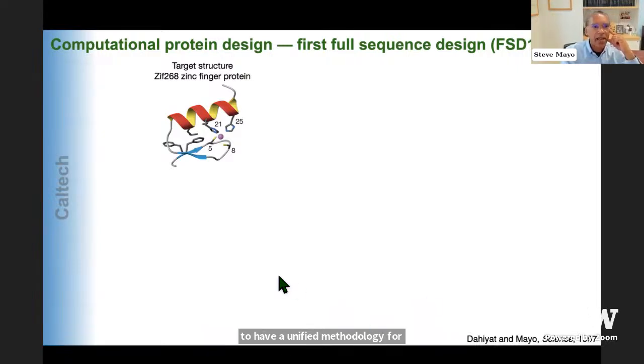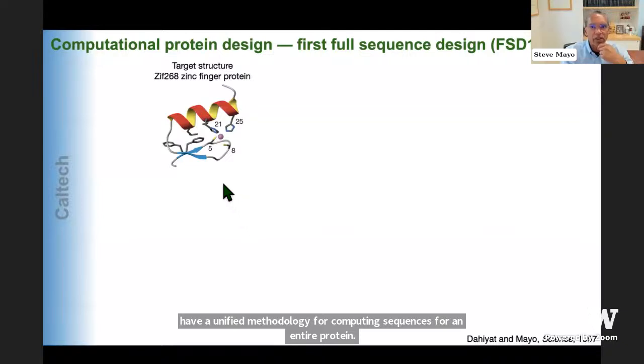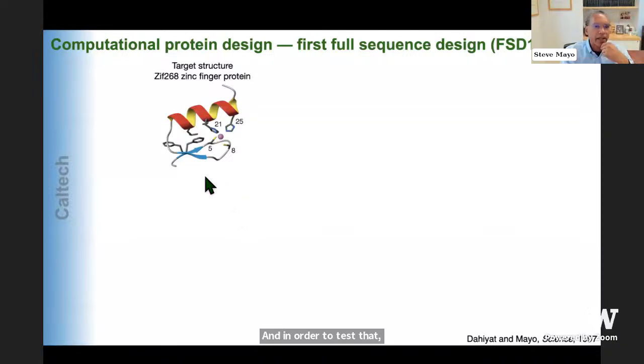And in order to test that, we turned to the zinc finger fold ZIF268, which you can see has a helix, a very small beta sheet and a turn stabilized by the binding of a zinc atom.